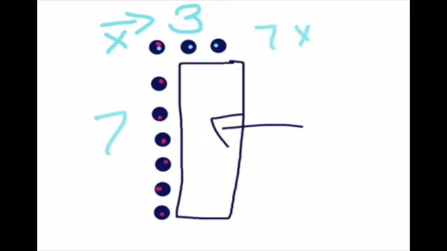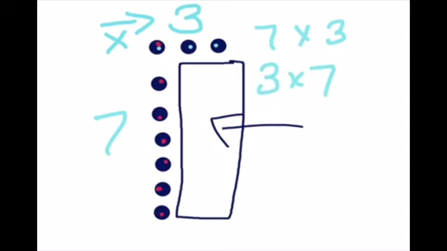So I'm going to see what's on the top, and let's see, how many dots do we have on top? 1, 2, 3. So this is a 3 by what array? Let's count how many we have going down. 1, 2, 3, 4, 5, 6, 7. So this is like a 7 by 3 array, which we know as the multiplication problem is 7 times 3, or 3 times 7.